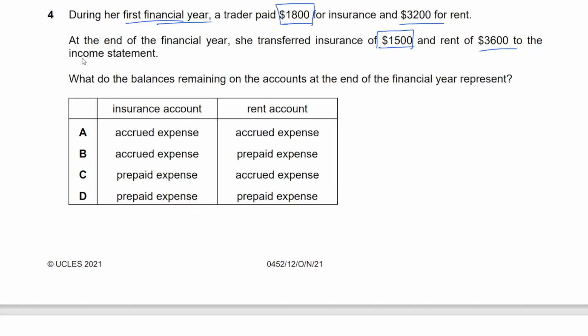So that's why she transferred it to the income statement. The extra $300 is a prepaid expense, because she paid an extra $300. For the rent, she actually only paid $3,200, but the rent for the year, which is transferred to the income statement, is $3,600. So she paid $400 less. And so that's $400 accrued expense for the rent and prepaid for the insurance.